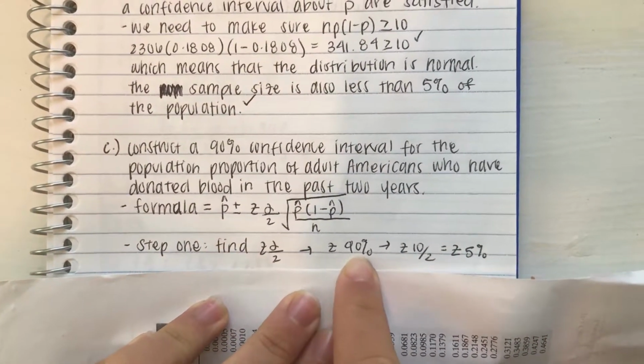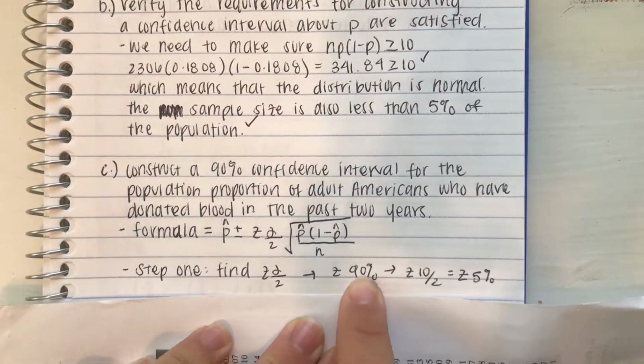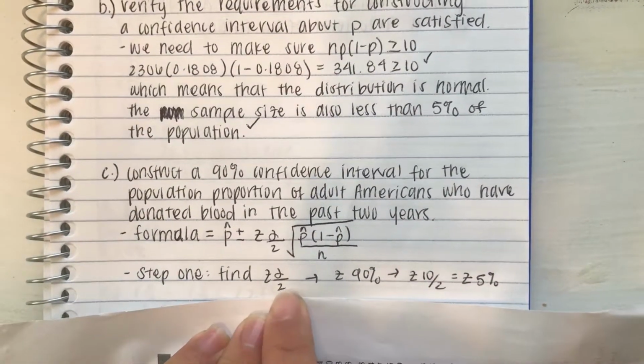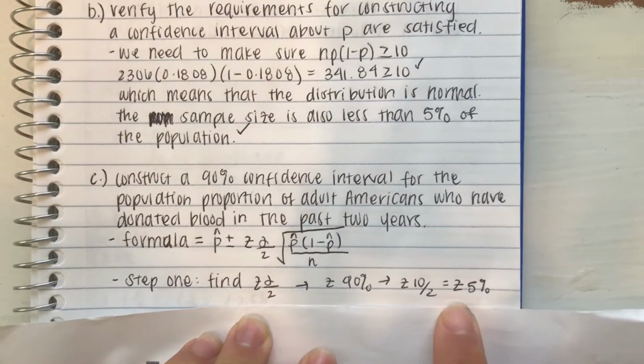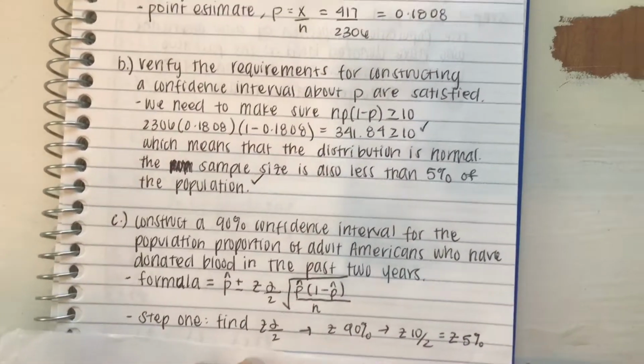So we take 90% and then we have 10% left over, which gives us Z 10 over 2. We're going back to the original formula right here. And then when we simplify that, that gives us Z 5% or Z 0.05.